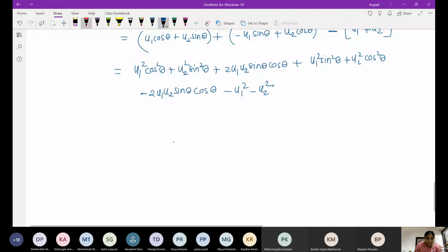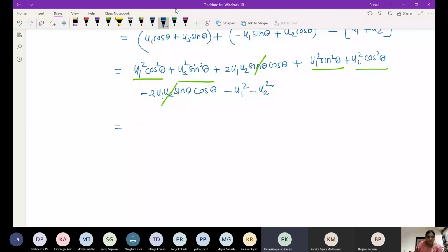So what will remain? Taking U1 square common, cos square theta plus sin square theta is 1, right? And similarly for U2 square. From these 4 quantities I will get U1 square plus U2 square. The term 2 U1 U2 sin theta cos theta and the term minus 2 U1 U2 sin theta cos theta will cancel, and these two will also cancel. So what will remain?